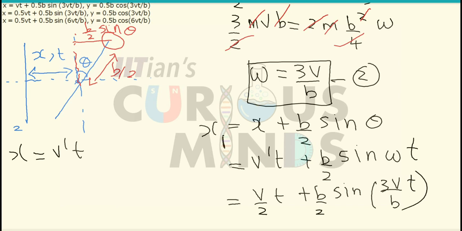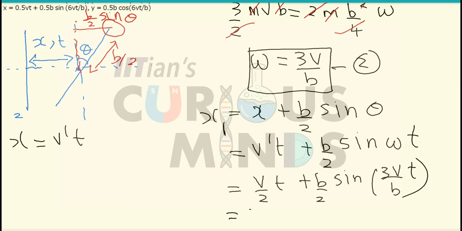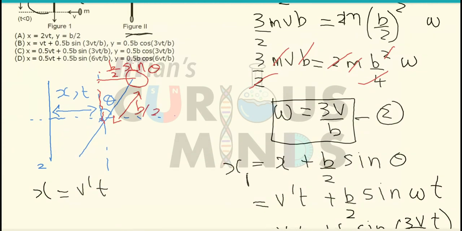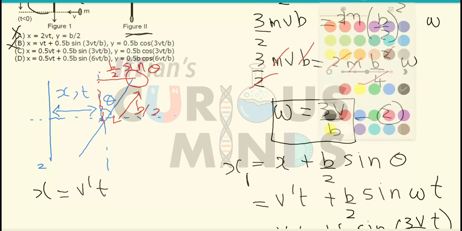So this can be written as 0.5 vt plus 0.5 b sine 3vt divided by b. This is the displacement in the x direction. So options a and b are eliminated, and the correct option may be either c or d. We have to just find out the displacement in the y direction.